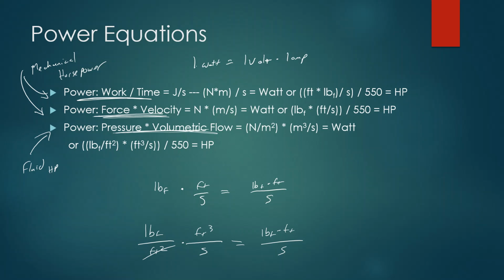Of course, there's 745 watts per horsepower, and this would be electrical power. And this really shouldn't be horsepower. I'm just going to remove this because I tend to say that because of the next equation on the next slide, but it's just mechanical power and fluid power.